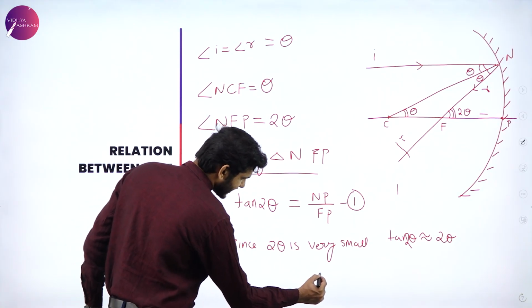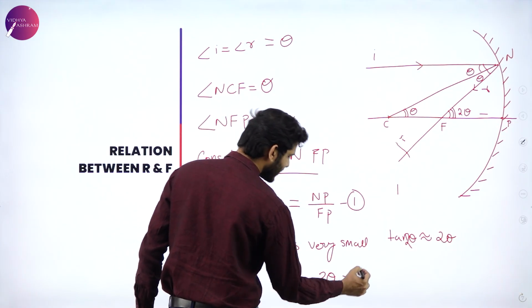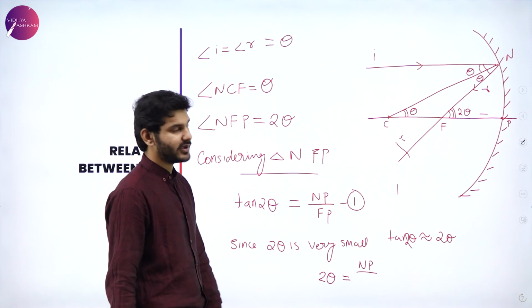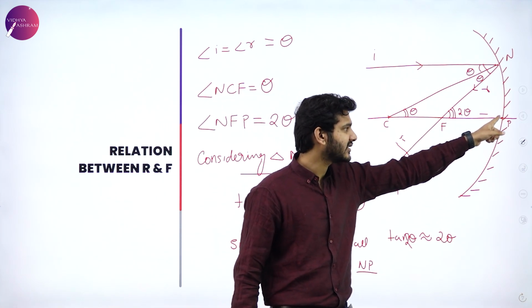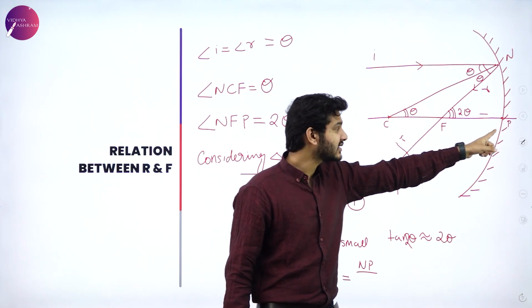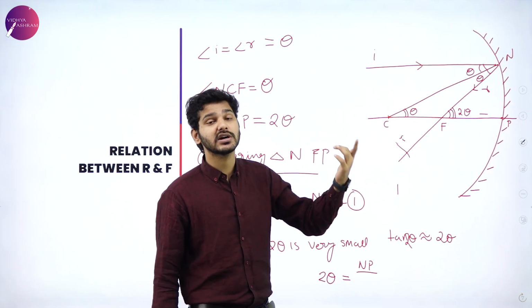So I can write it as 2 theta is equal to NP divided by FP. FP is nothing but the distance from the center of this particular point on the principal axis towards the focus point, or simply known as the focal length.